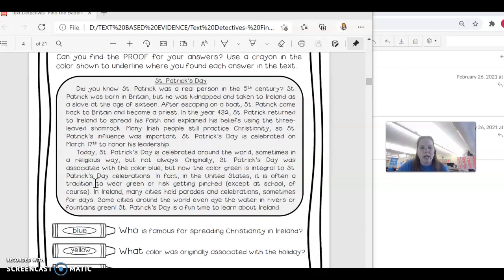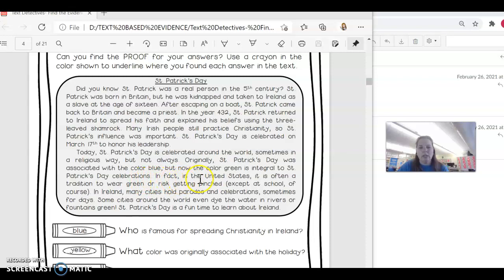Today, St. Patrick's Day is celebrated around the world, sometimes in a religious way, but not always. Originally, St. Patrick's Day was associated with the color blue, but now the color green is integral to St. Patrick's Day celebrations.